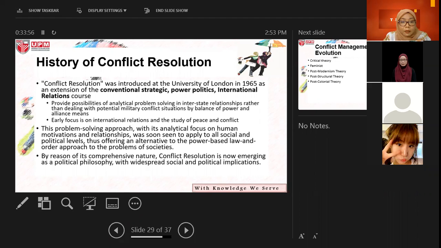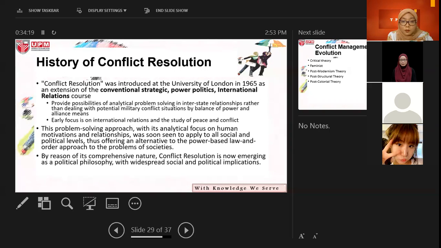Okay, and then early focus is on international relation and the study of peace and conflict. Okay, dia punya interest on that time is to study the international relations either between US, Iran, contohnya between Palestine and Israel, contohnya between China and US, okay.